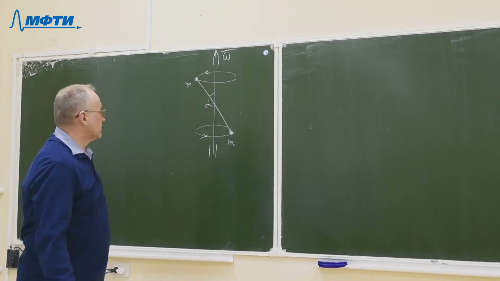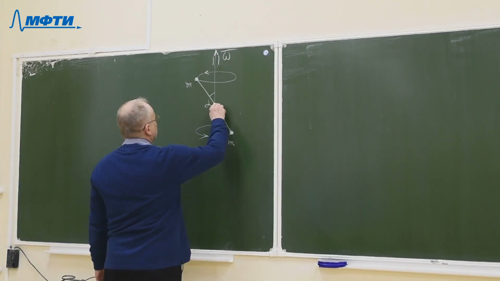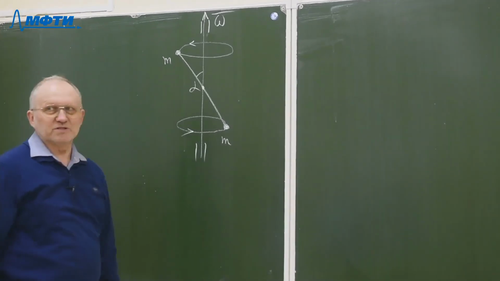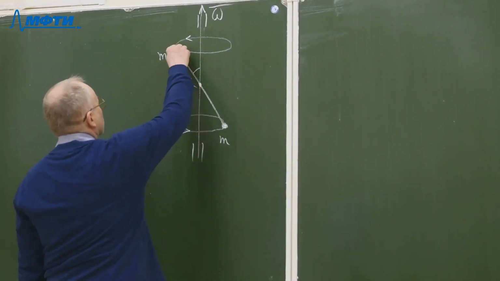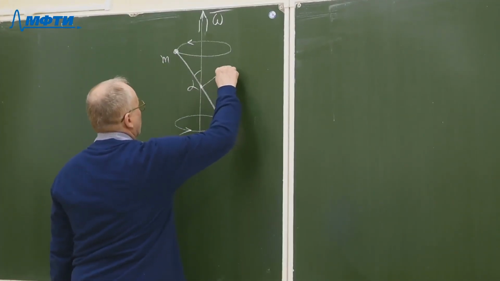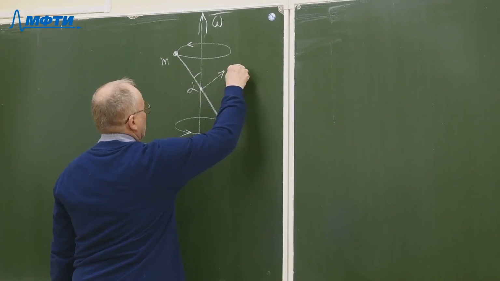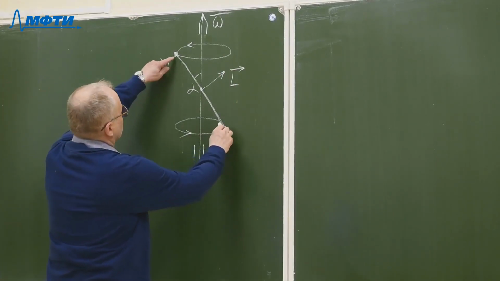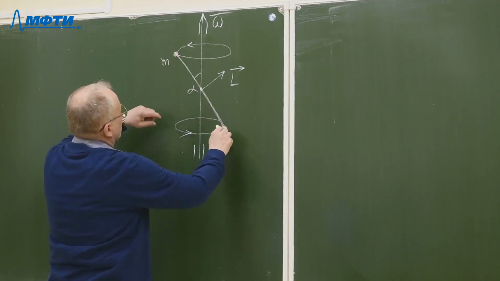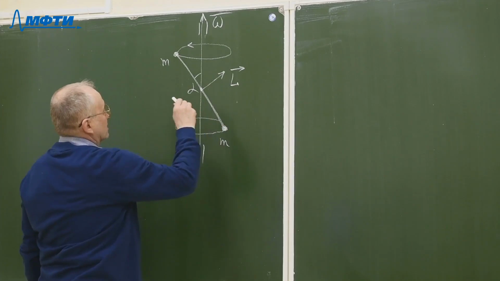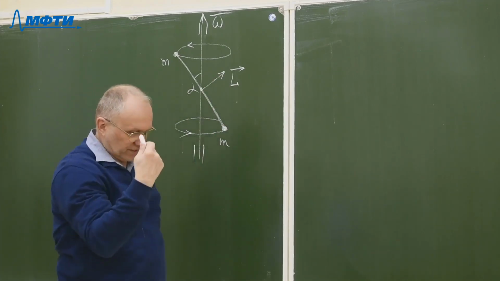And we established that the vector of angular momentum at any moment of time is perpendicular to this light rod. And as this massless rod rotates, vector L changes its direction.